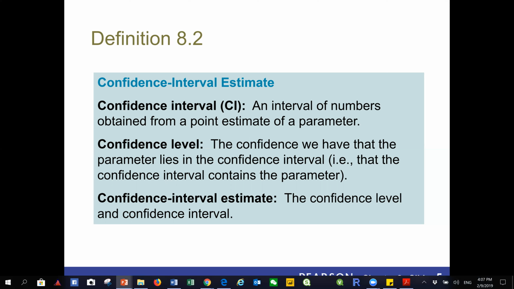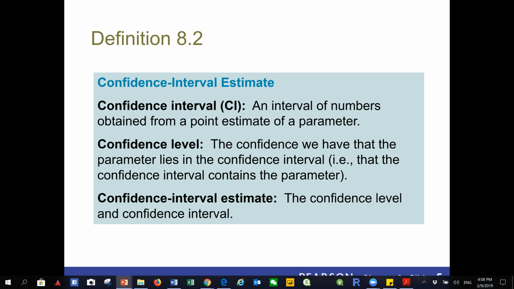So try to understand this analogy. In interval estimation, the point estimator is like a rifle bullet. If you use a rifle bullet, a sample statistic, to estimate the population parameter, you always miss the target, because it's a point estimator.